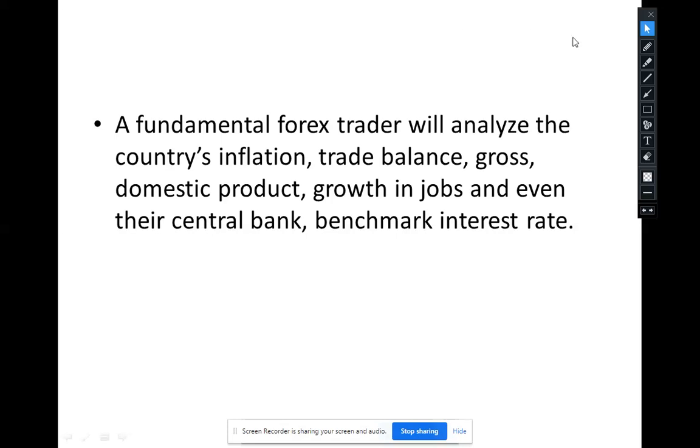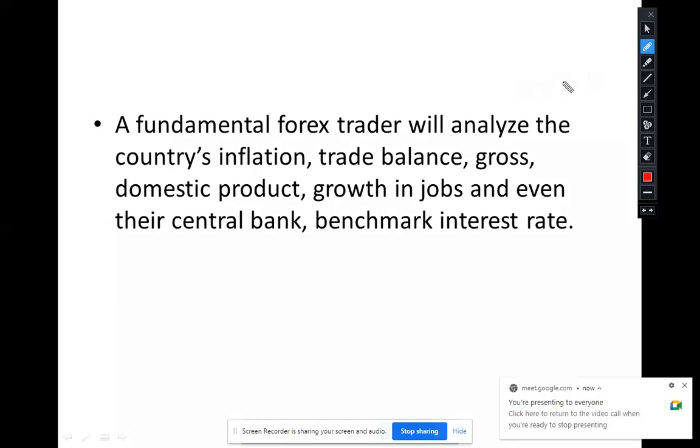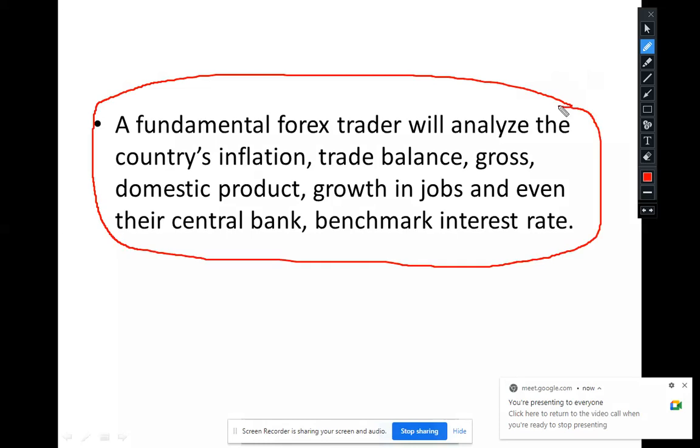This is what we can see in the fundamental analysis. Let's say you want to analyze the country inflation, or the trade balance, or let me say the benchmark interest rates.